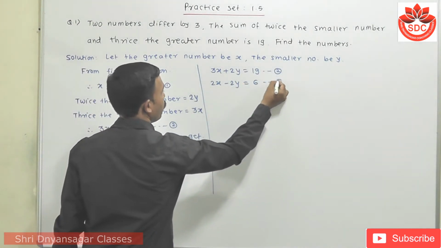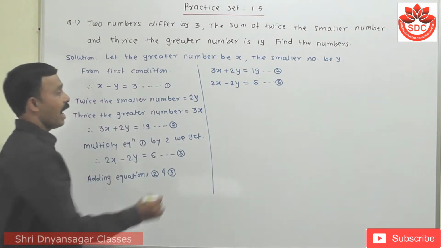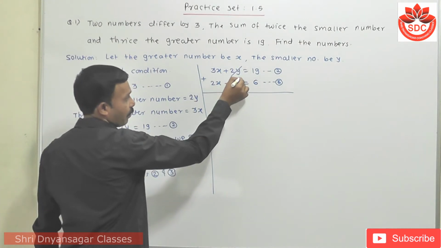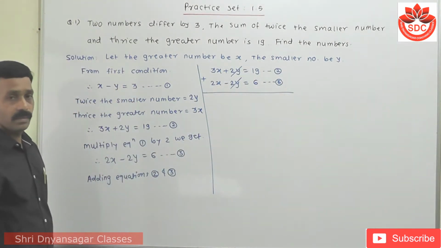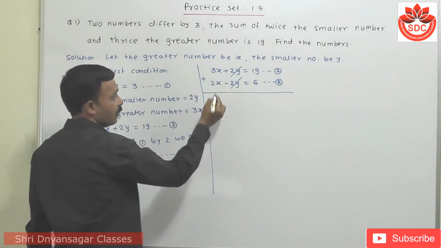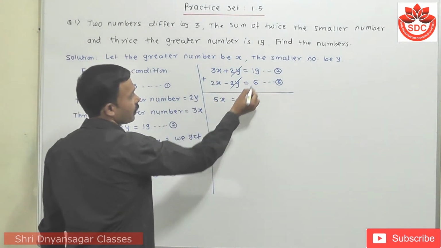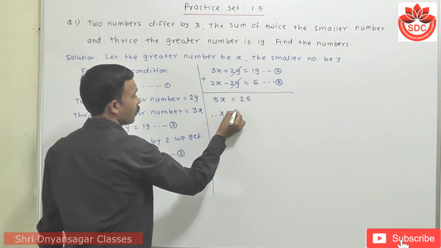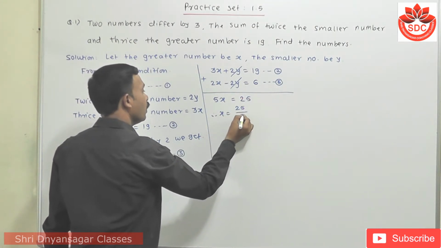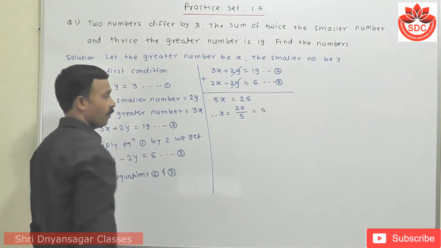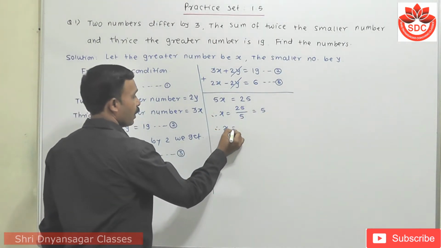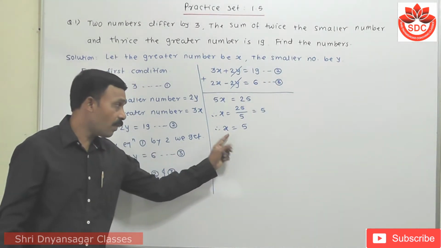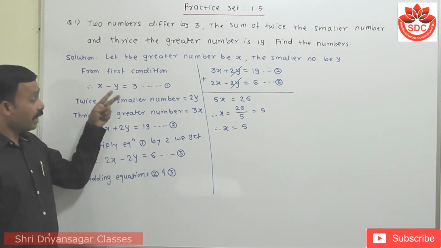When we add them, plus 2y and minus 2y get cancelled. Then the addition becomes 5x is equal to 19 plus 6, which is 25. Therefore x is equal to 25 upon 5, the simplification is 5. Therefore the value of x is 5.